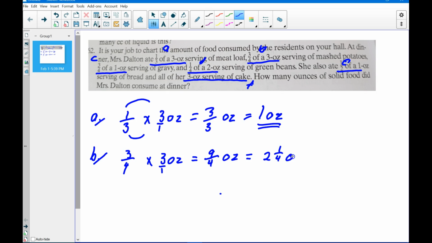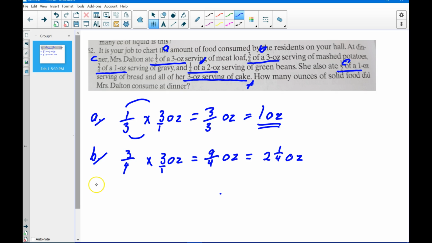So that's 2 1/4 ounces. If you have trouble changing fractions into mixed numbers, just send me another email and I'll show you a little lesson on changing fractions into mixed numbers. But right now that's not necessary, we can still use 9/4, that's fine.